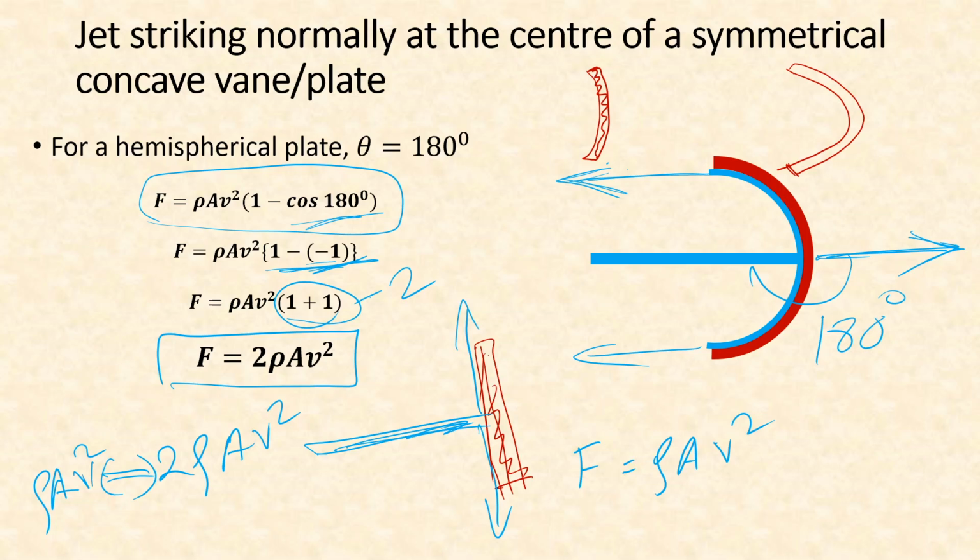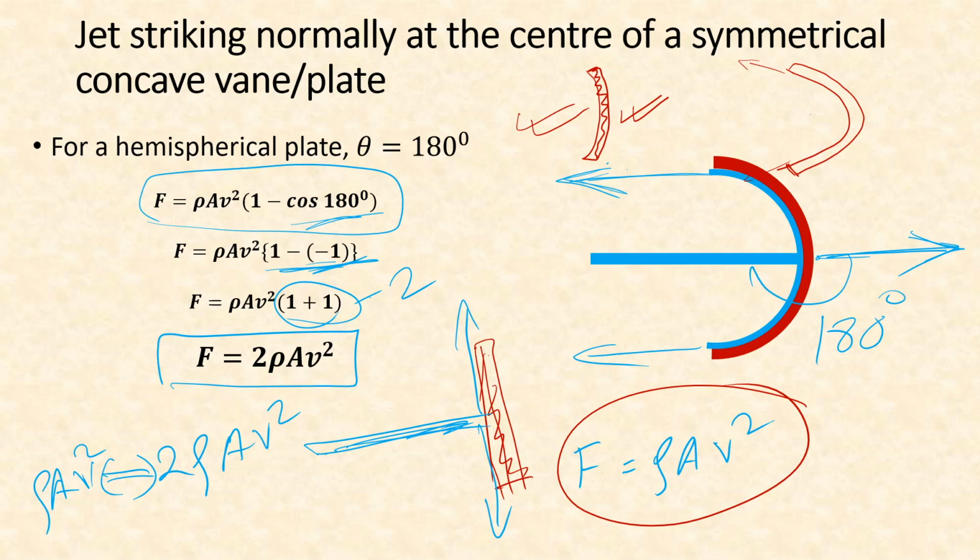This plate will have a force slightly more than rho a v square, but this plate is deflecting by a greater angle, so it will have a greater force than this plate, and the maximum will be when it is completely deflected in the opposite direction.